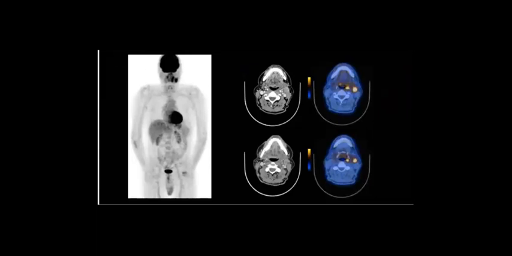Do you see any abnormality in the CT? Maybe this lymph node? So this lymph node could be metastatic. Yes. It could be laryngeal, maybe oropharyngeal.